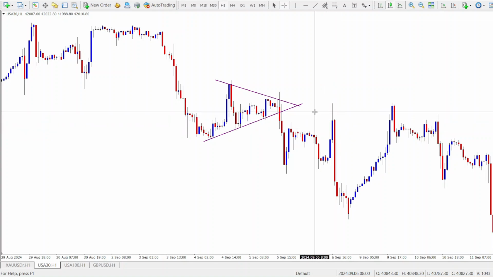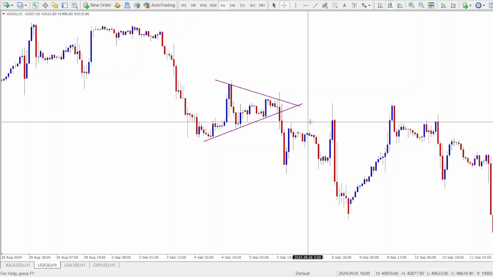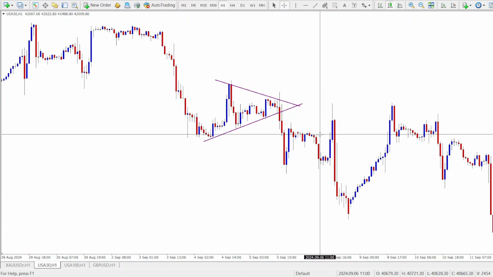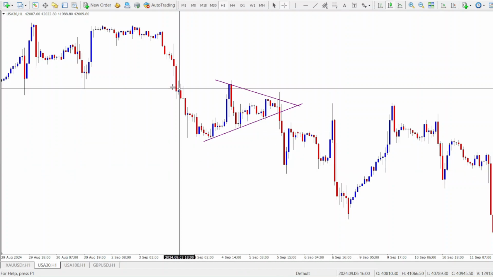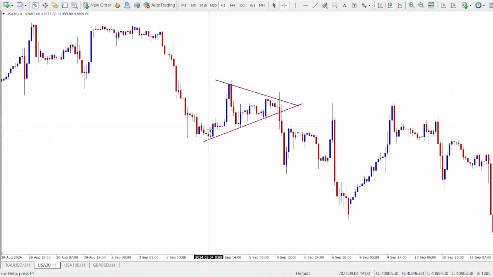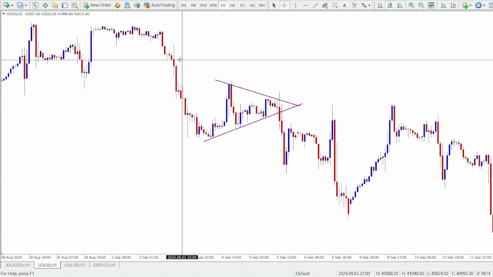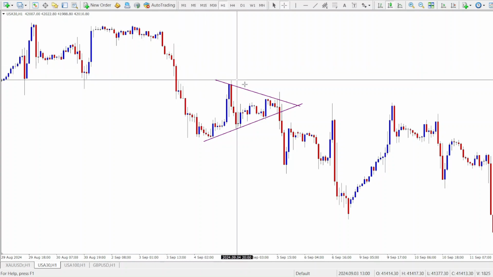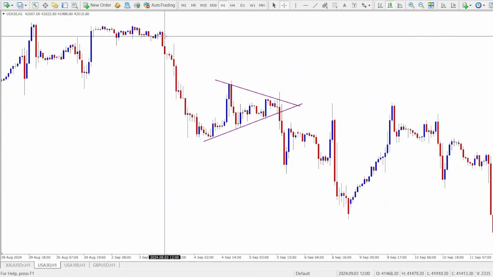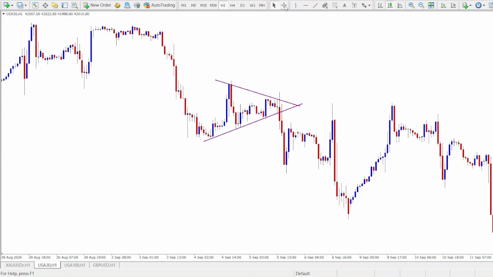Okay, now your profit target. The most common method for setting your profit target is to measure the length of the flagpole. This is one of the common methods for determining your take profit level. So the initial sharp downtrend, you can decide to measure the length and then project that same distance downward. For example, let us use this as a practical example, we can see about 71,000 points, right?